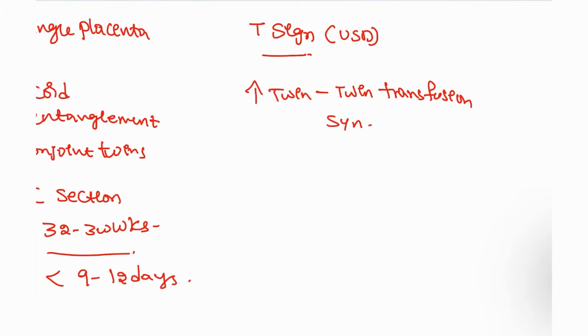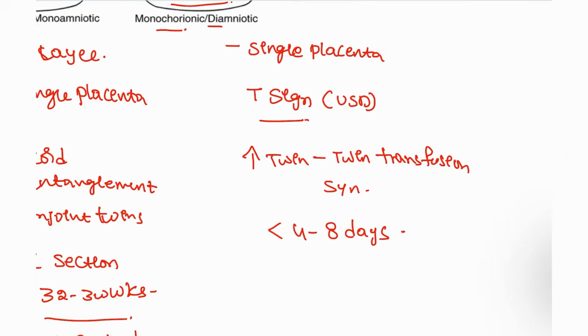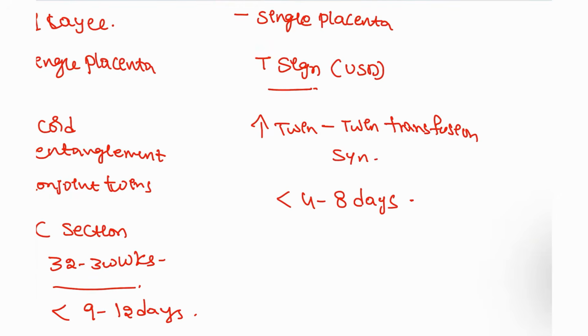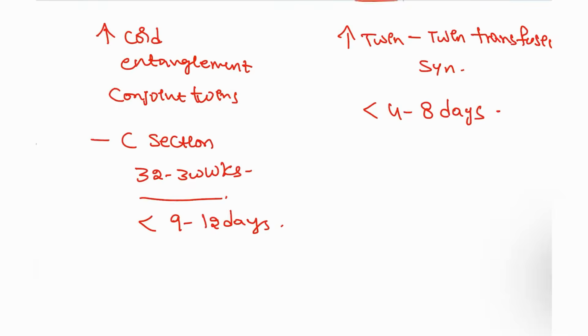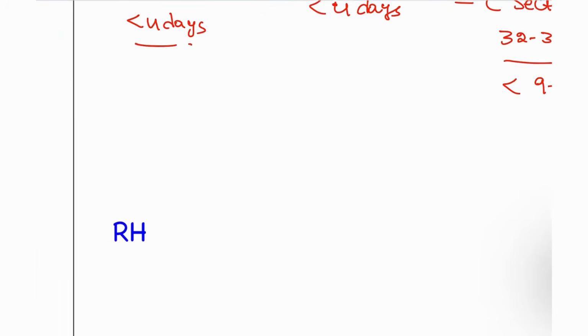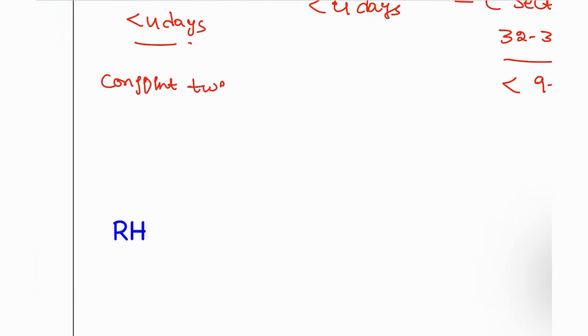Monochorionic diamniotic, less than 4 to 8 days. This is the timing of the divisions. Coming to the conjoined twins, as I mentioned, the most common conjoined twins will be parapagus. Parapagus is the most common.